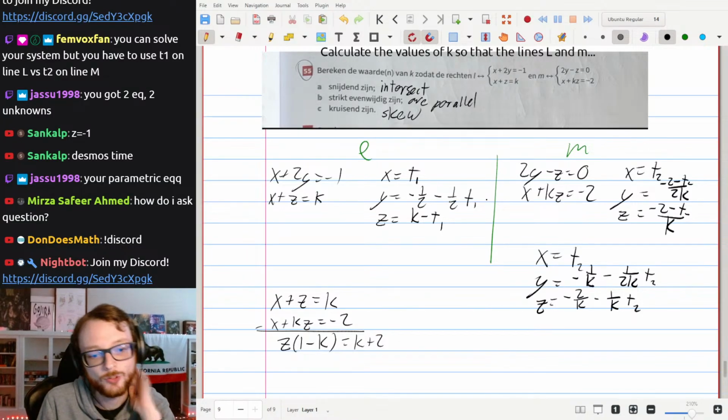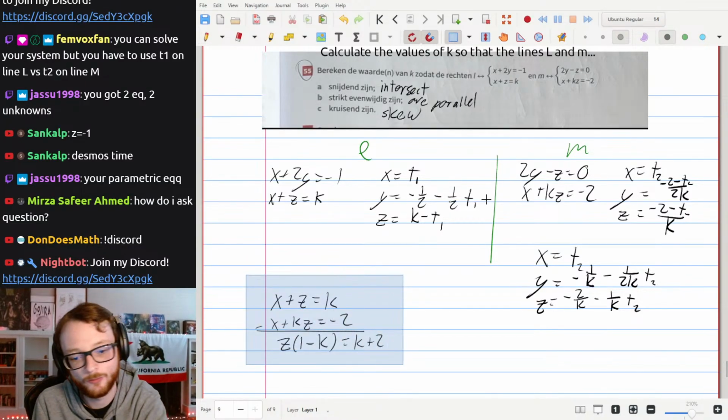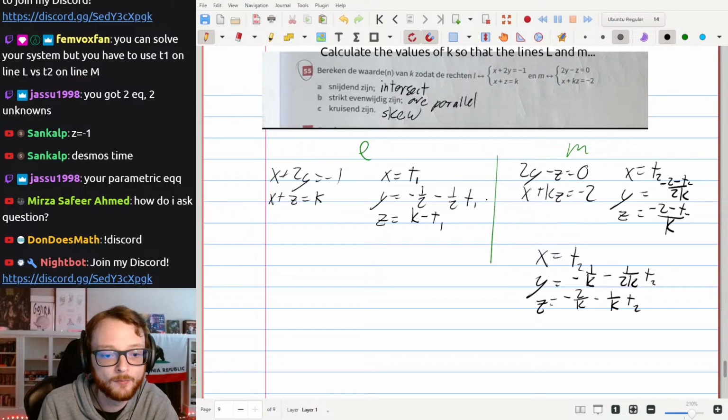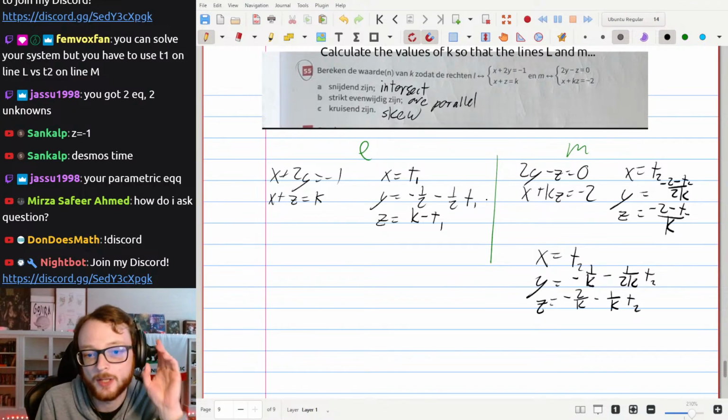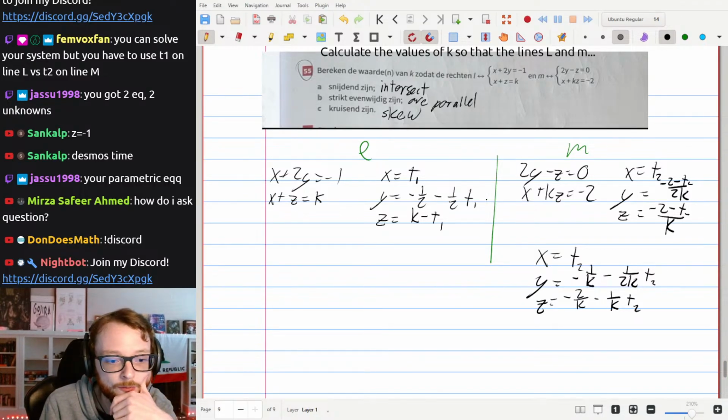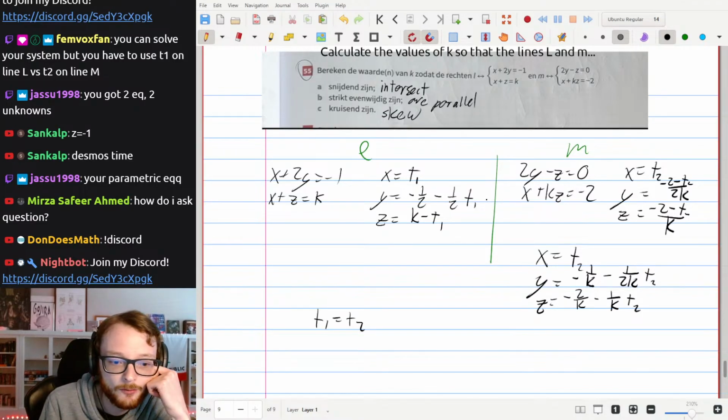So if I do try to solve it with the parametric equations, we need each of the individual components to be equal to each other some ways, somehow. So T1 has to equal T2 from the X's.